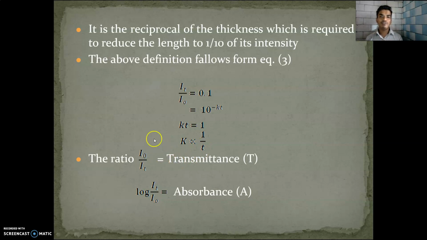The ratio I0 upon It is the transmittance, and taking its log, it becomes absorbance. So ultimately we get the transmittance and absorbance, that is the ratio It upon I0 and log I0 upon It respectively, for transmission T and for absorbance A.